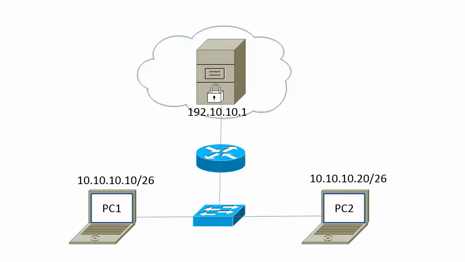Now, if PC1 is configured with the wrong subnet mask, then everything can start going wrong. PC1 will do the same check as before. It will compare the binary bits between PC1 and PC2 to make sure they're on the same subnet, and it will figure out that they're not.